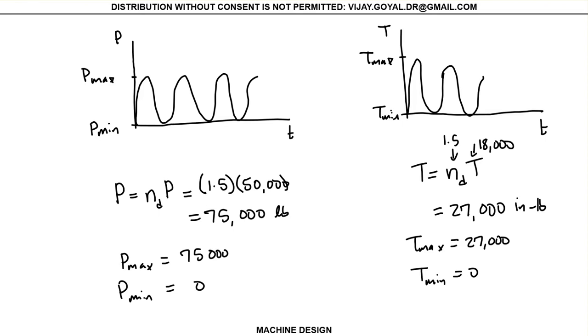Before we start the problem, remember the first thing I want you to do is find what my alternate loads are. In this particular case, your alternate load will be my max minus my minimum divided by 2, and that would give you a load of 37,000.